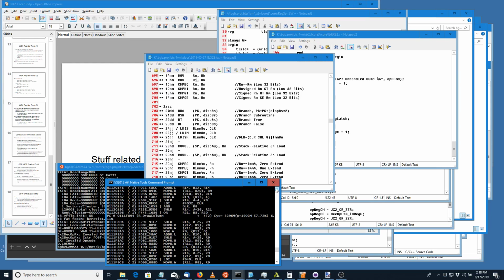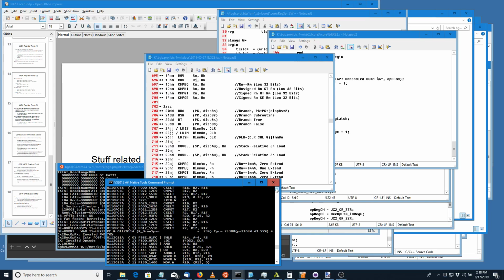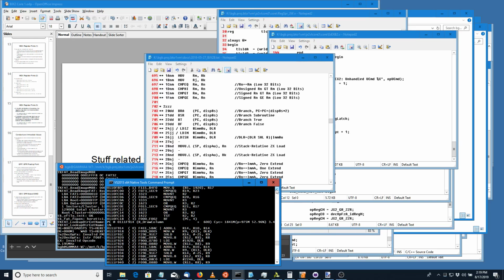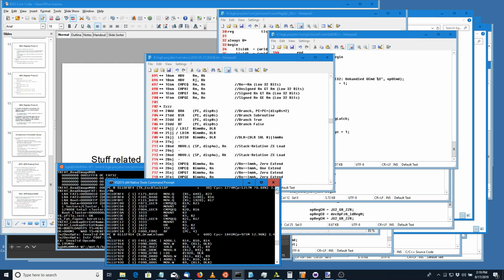But intra-function, most of the time an 8-bit branch is sufficient. Again, except when the compiler is being stupid.